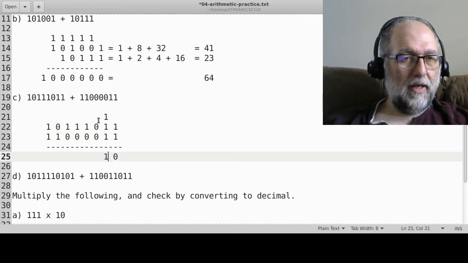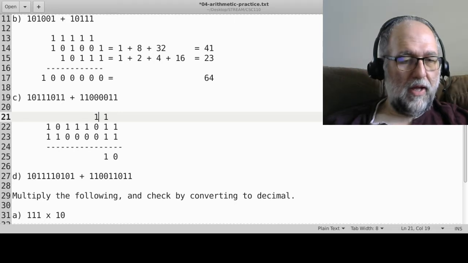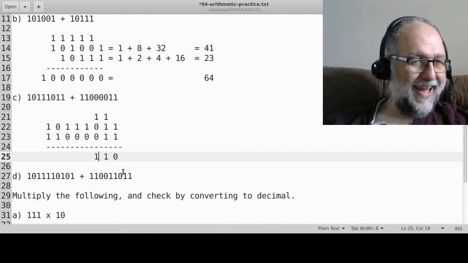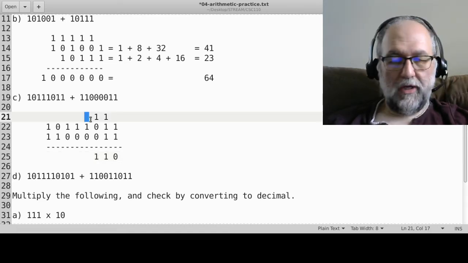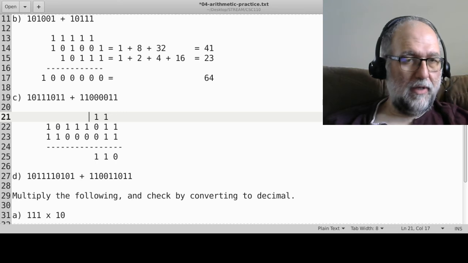It's 1, carry 1. And now we're in the fourth column. 1 plus 0 is 1, carry nothing. You could put a 0 up here, or you could just leave it blank, whichever. It doesn't matter, really.